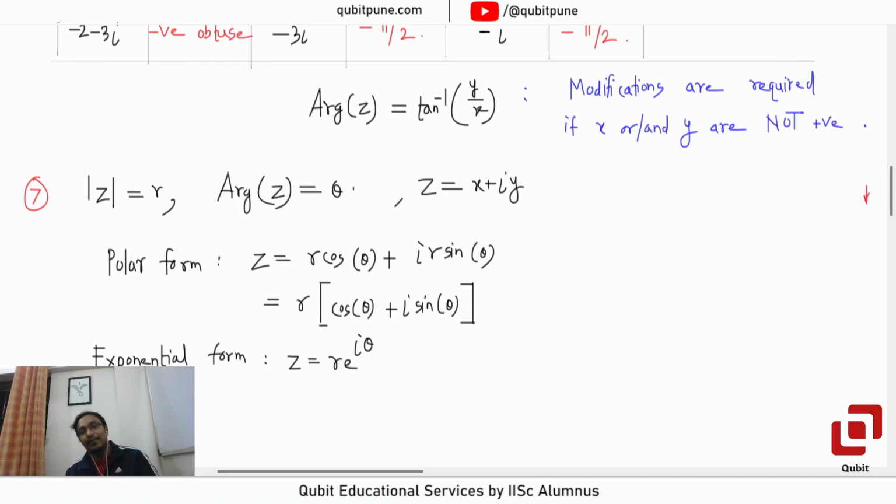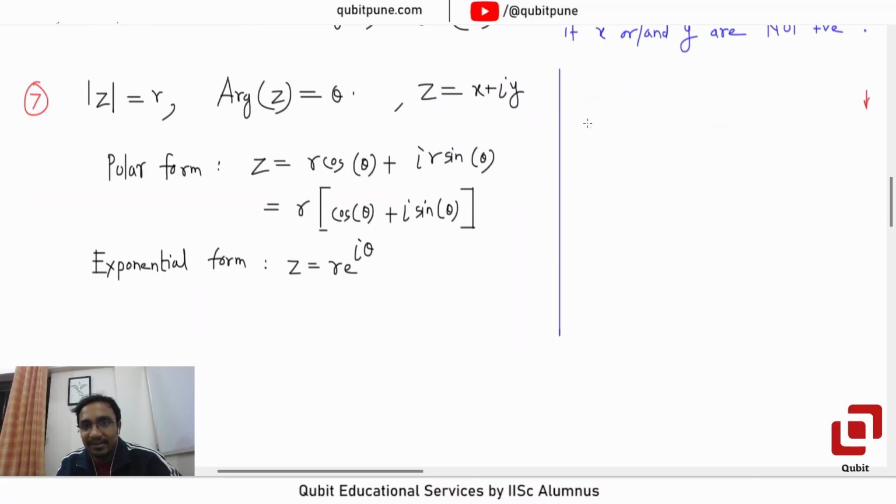That question still remains unanswered, and that will remain unanswered throughout our 12th, or throughout the mathematics that we are going to study at this level. Later on, you may define it using the power series expansions, but let's just remember it. e raised to i theta is cos theta plus i sin theta.